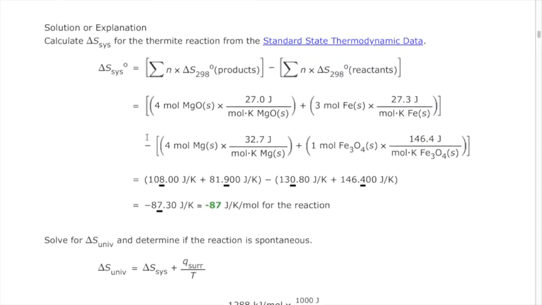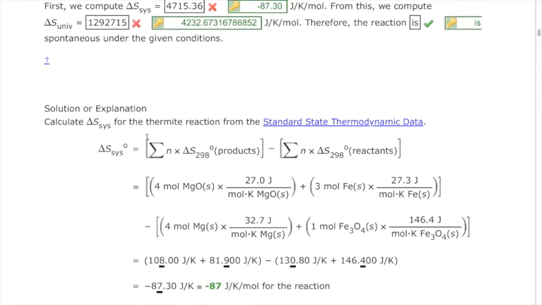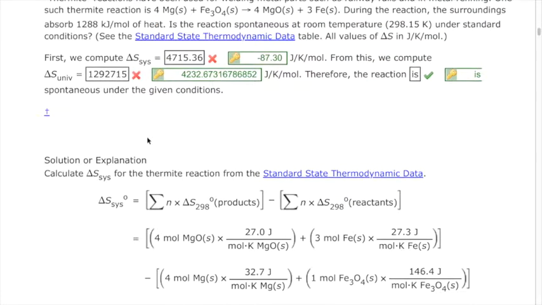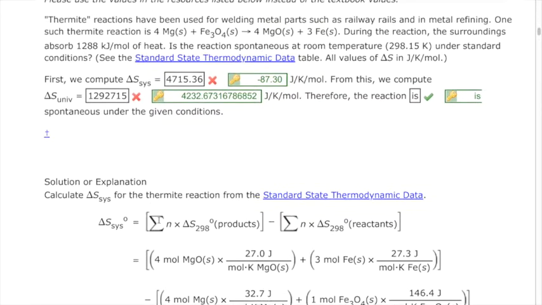So we're going to calculate delta S system using the thermodynamic values that we have access to, and we're just doing products minus reactants. And we have to use our coefficients in the balanced equation to multiply that value as needed. And that's how we can calculate delta S system here.